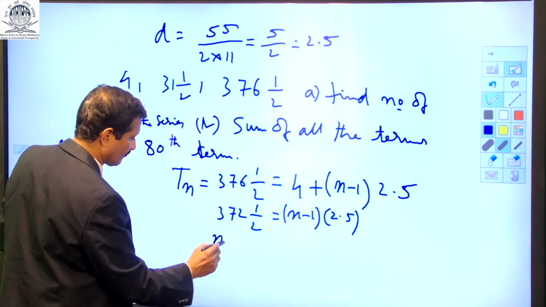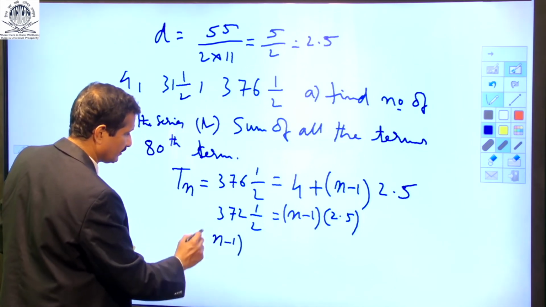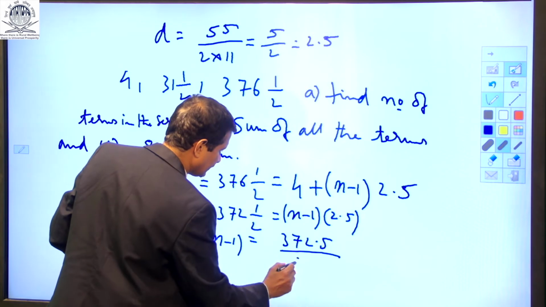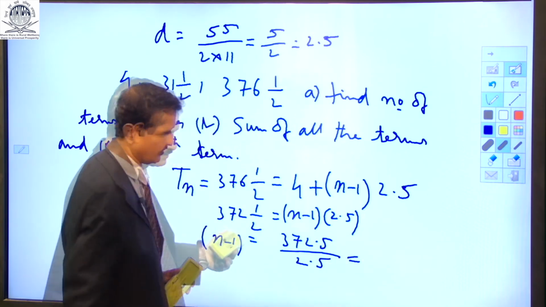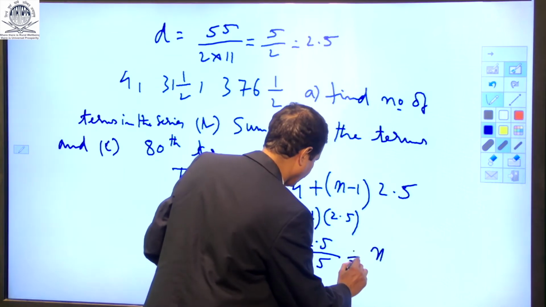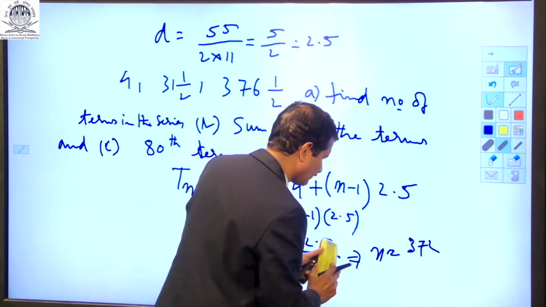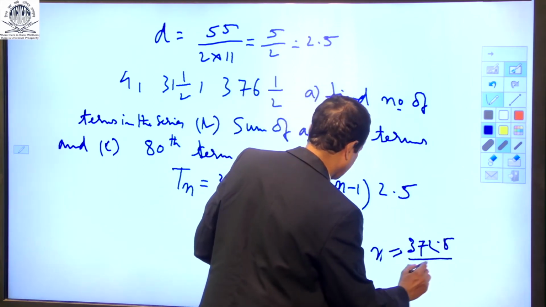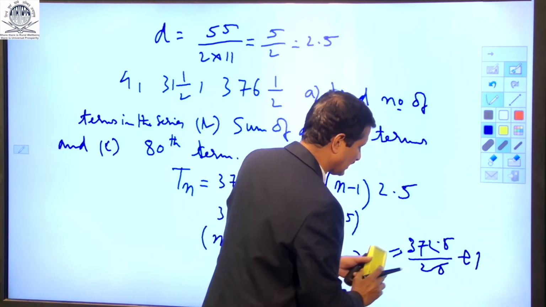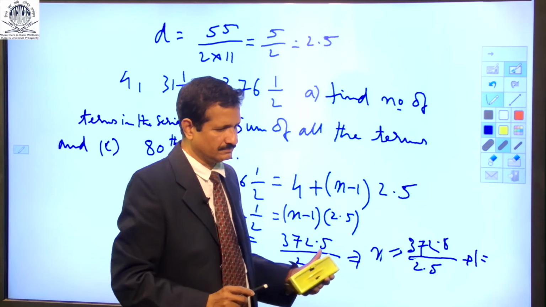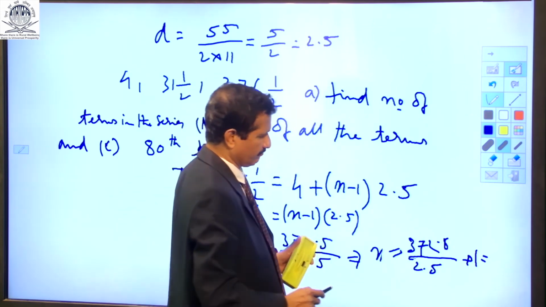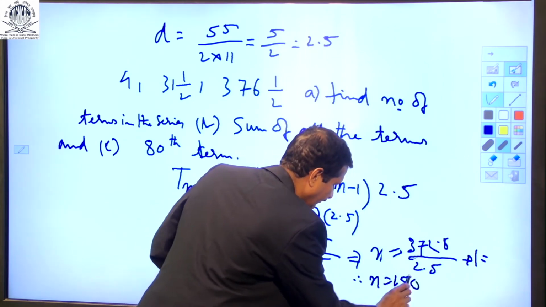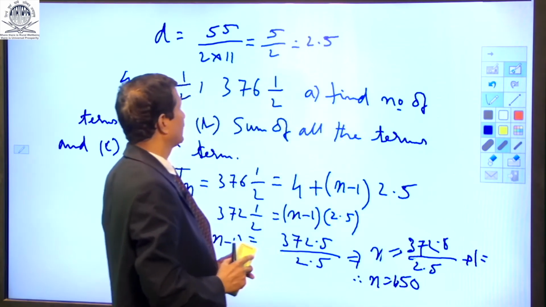Solving for n, we have 372.5 by 2.5. N is equal to 372.5 by 2.5 plus 1. So that comes to 150. So n is 150. So the number of terms is 150.